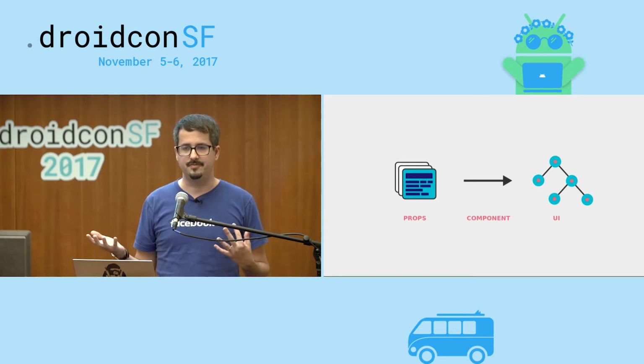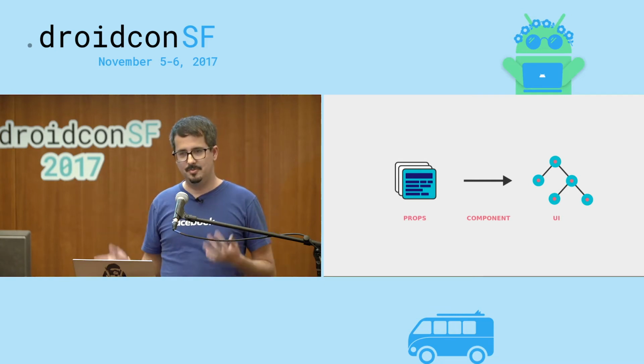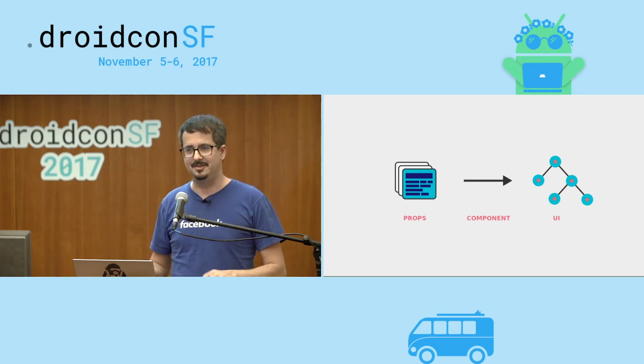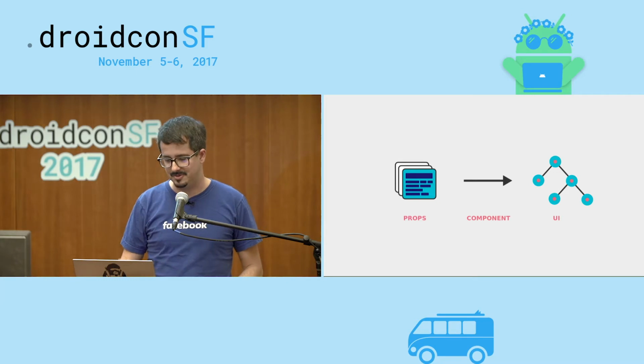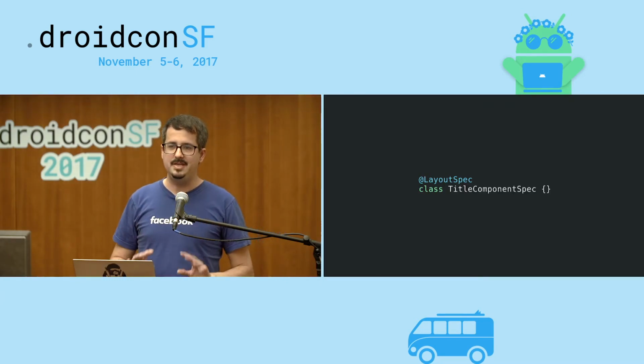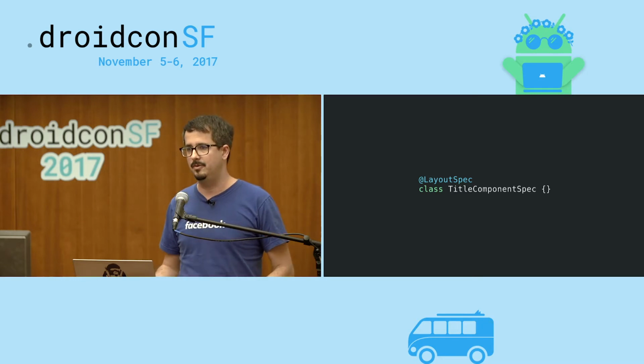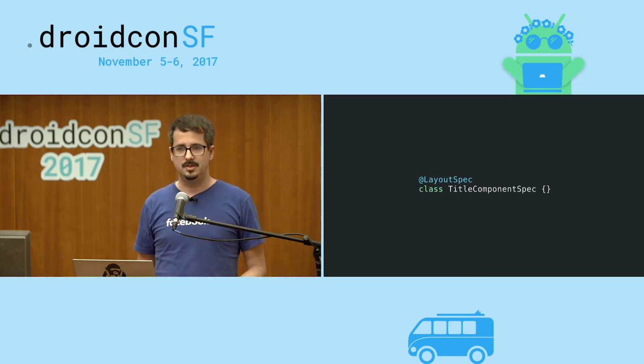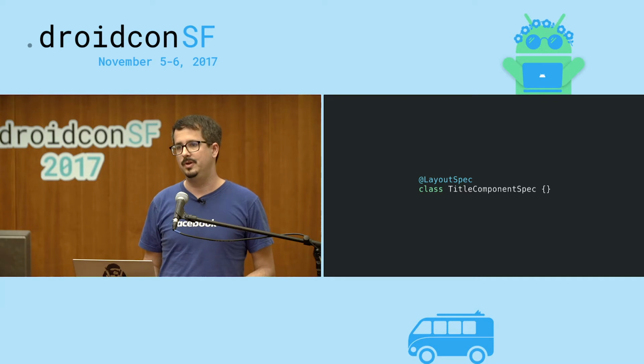And a component is essentially a function. So let's go back to Earth here and not talk about conceptual stuff anymore, so that's easier to follow. In Litho, the base building block for anything you write is a component. And the way you write a component is you create a spec class.